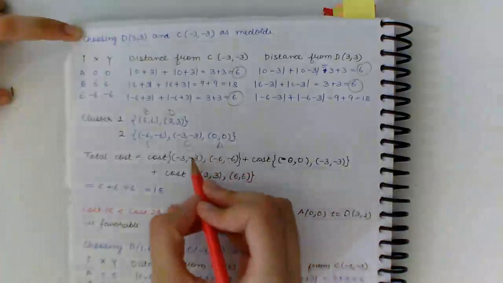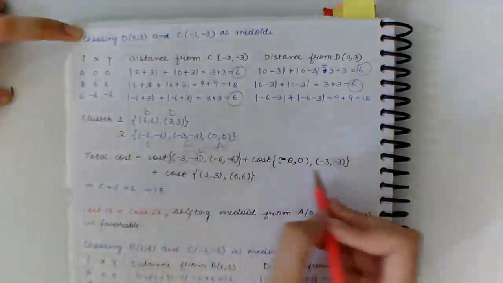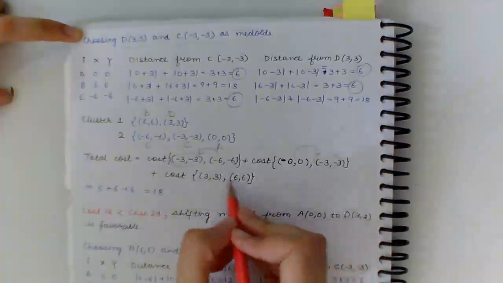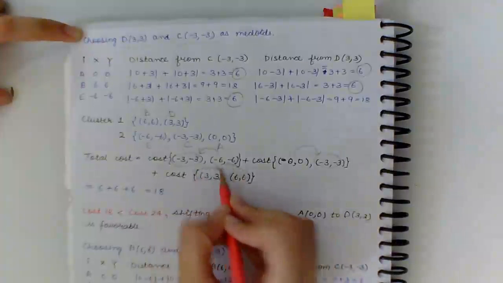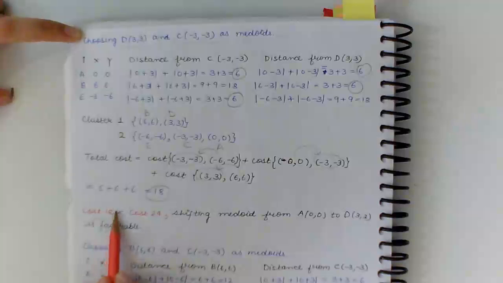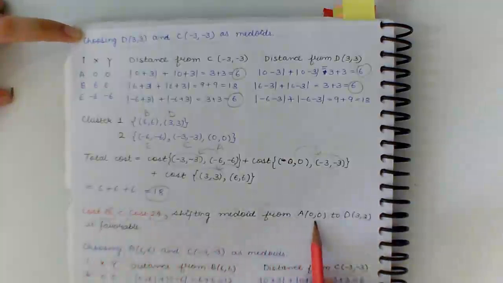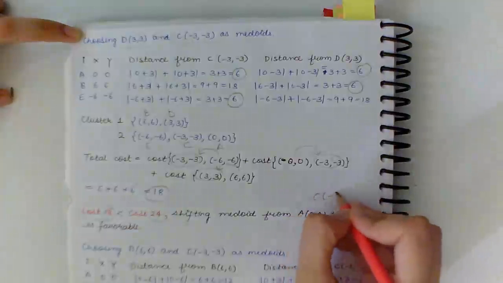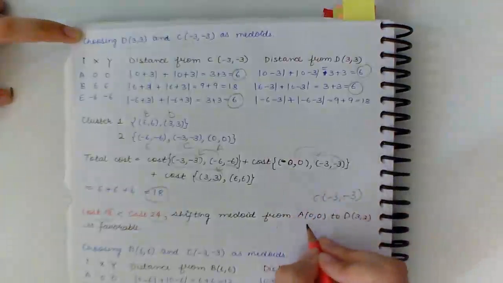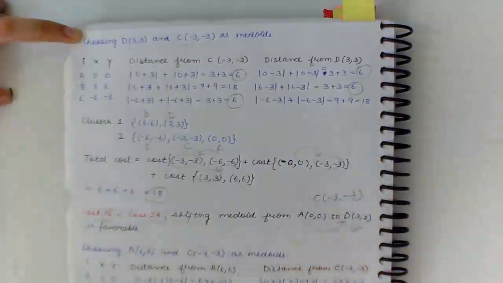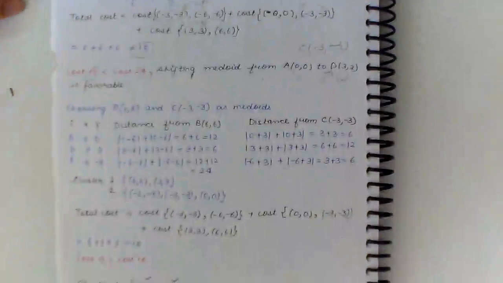Let's calculate the total cost. This is the medoid, this is the element. So 6 plus 6 plus 6, that is 18. As we can see, the cost 18 is less than 24. So shifting the medoid from A to D was favorable, with C remaining (-3, 3) as it is. Moving the medoid from A (0, 0) to D (3, 3) was profitable.